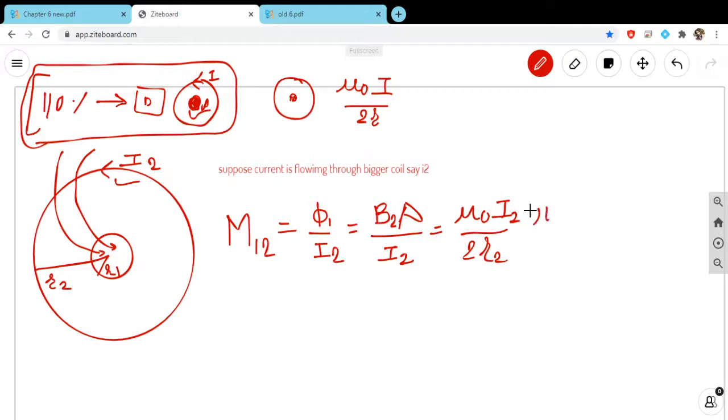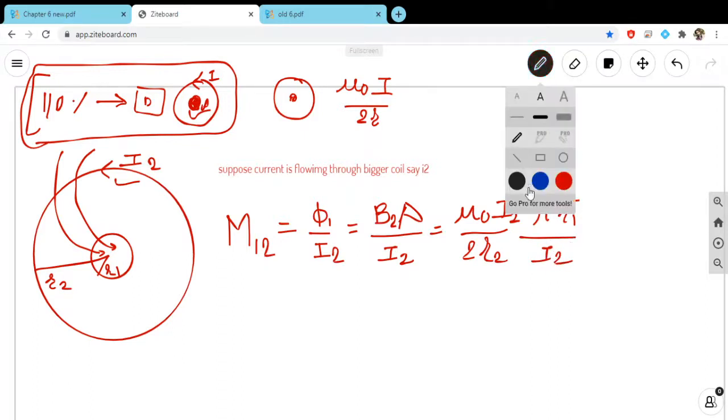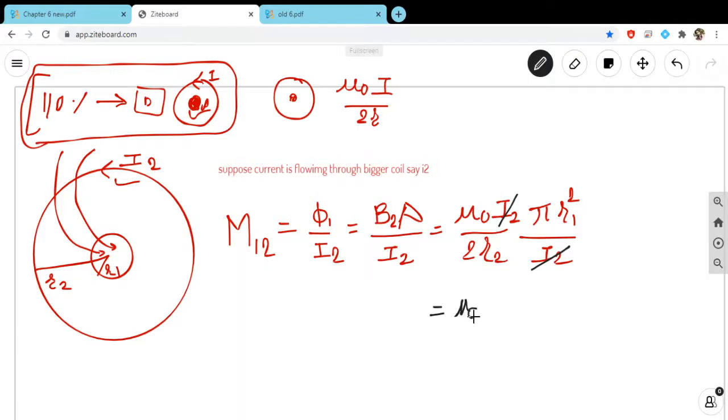So the area of the smaller coil is pi r1 squared, divided by I2, and I2 simply cancels, and your equation is mu naught pi r1 squared by 2 r2. So this is the mutual inductance of the system.